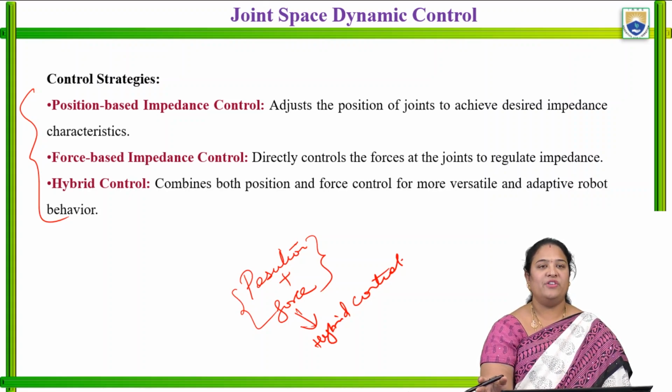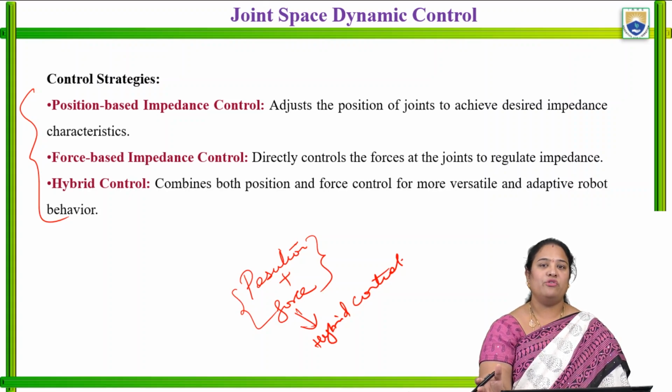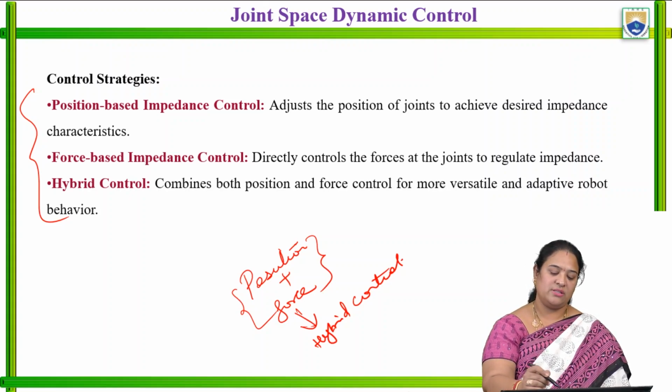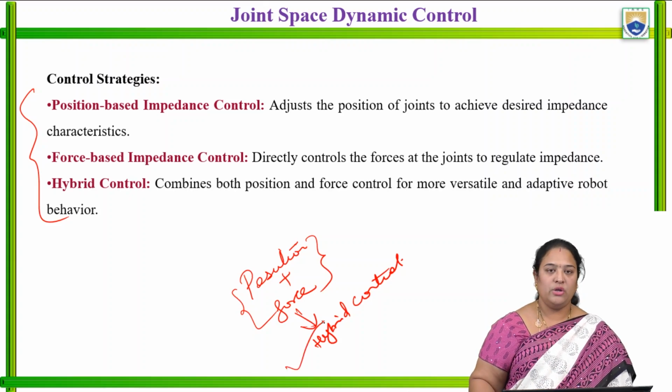Any robot which is acting according to position, where we are adjusting the position of the joints to attain the characteristics of impedance, is known as position-based impedance. When we are adjusting the forces, that is known as force-based impedance. Now the combination of both position as well as force is known as the hybrid control used in the robot.